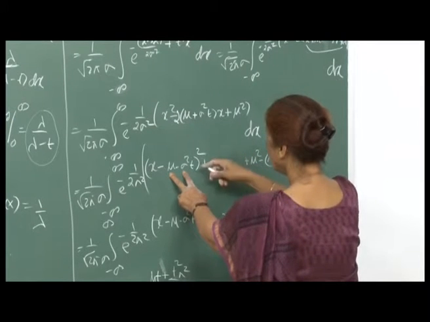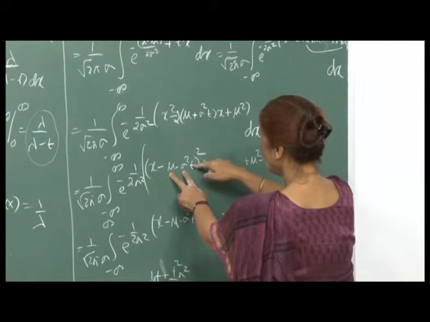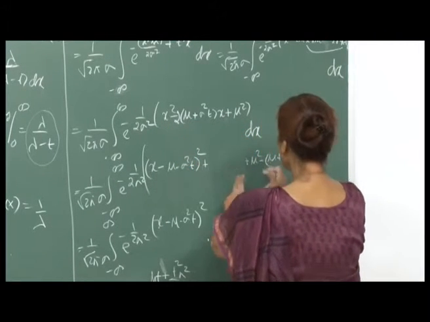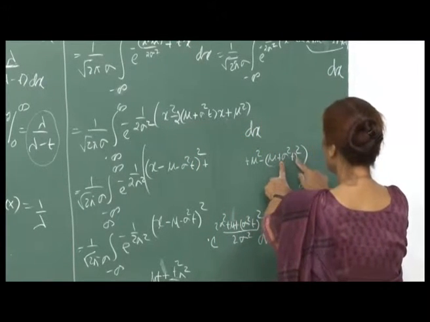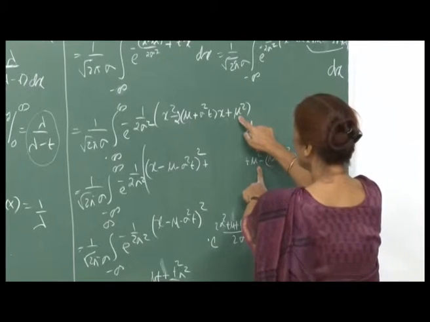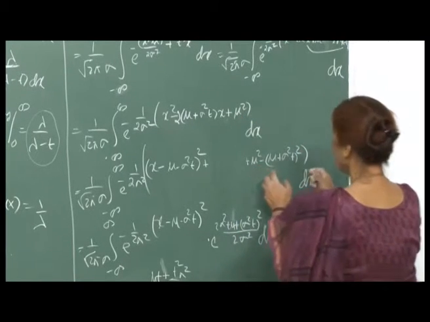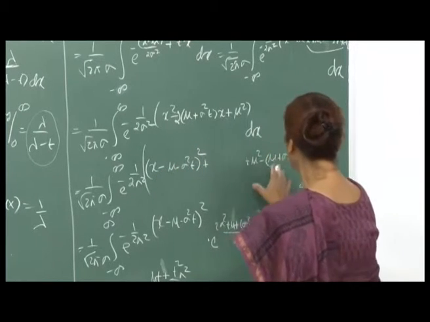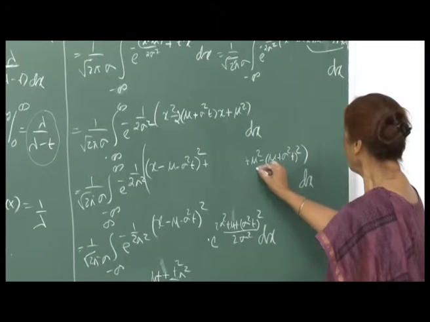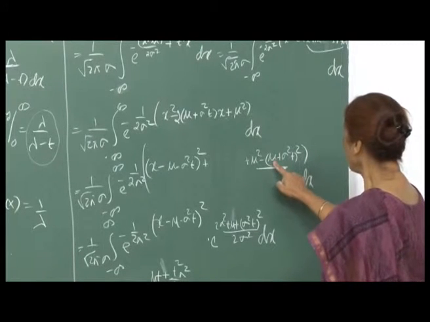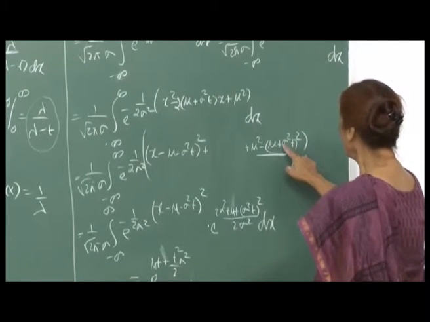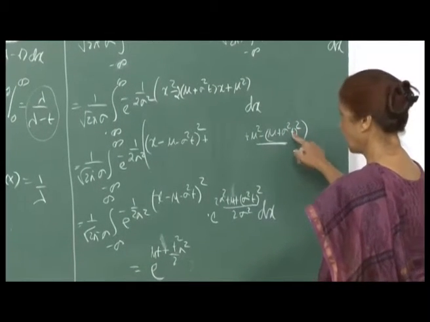Therefore I have added (mu plus sigma square t) whole square to make this a perfect square, so I must subtract (mu plus sigma square t) whole square, and the mu square from here is the remnant. Now, if you simplify this, the mu square cancels out, and you are left with minus 2 mu sigma square t plus sigma 4 t square.